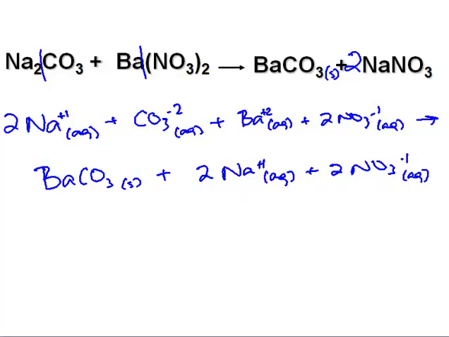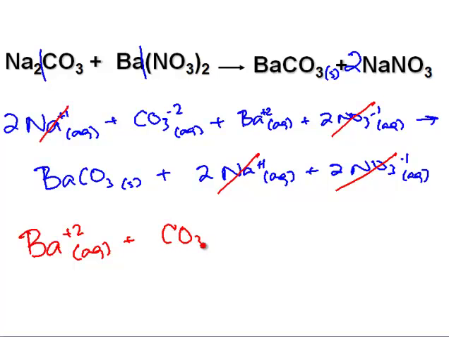Let's cross off our likes. 2Na, 2Na, and 2NO3, 2NO3. These two have nothing to cross off with. So my net ionic equation is Ba plus 2 aqueous plus CO3 minus 2 aqueous yields BaCO3 solid. My net ionic equation.